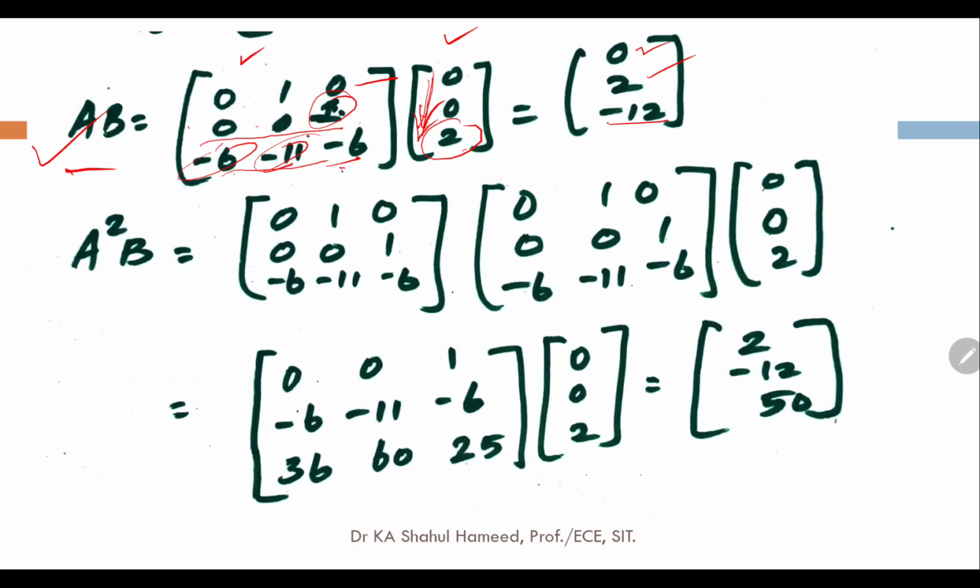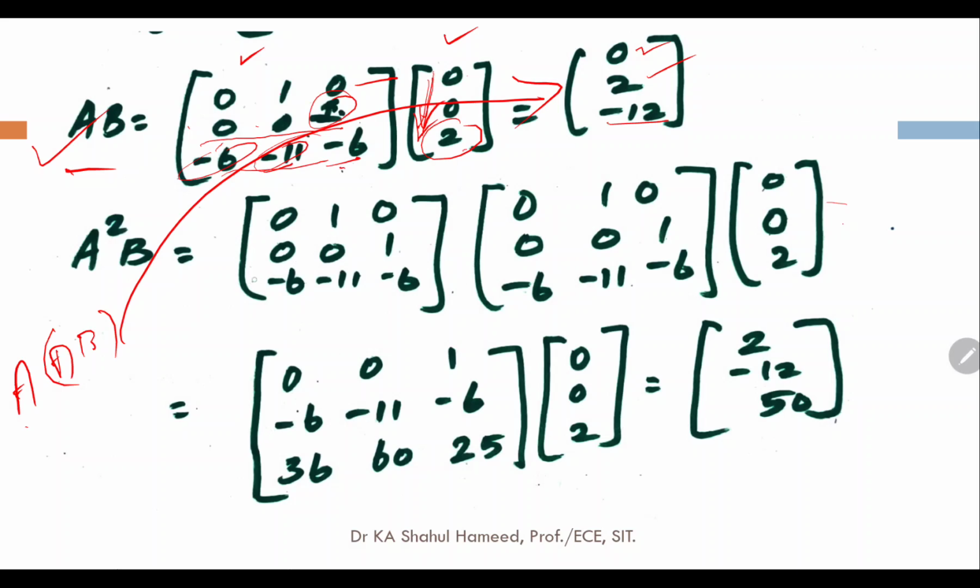Then A square B. We can do A square B in two different ways. Here I multiplied A and A, then multiplied with B, or you can do A into AB. Already we have obtained AB, so we can multiply A and AB, and you will get the answer.